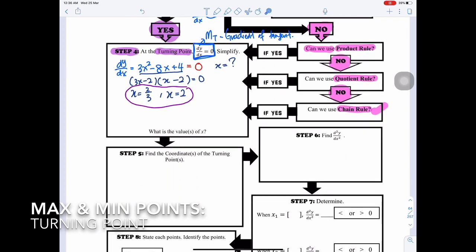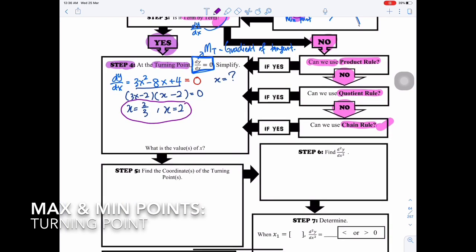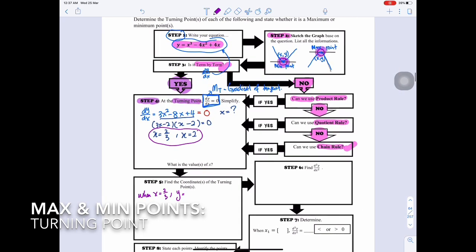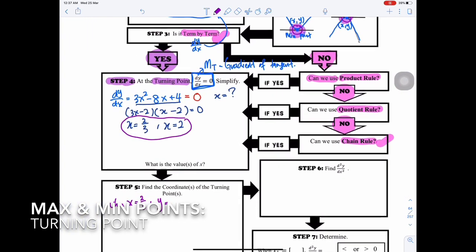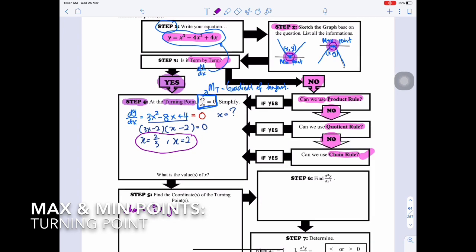Therefore when x equals 2/3, y equals, and then substitute into the equation: 2/3 to the power of 3 minus 4 times 2/3 squared plus 4 times 2/3.